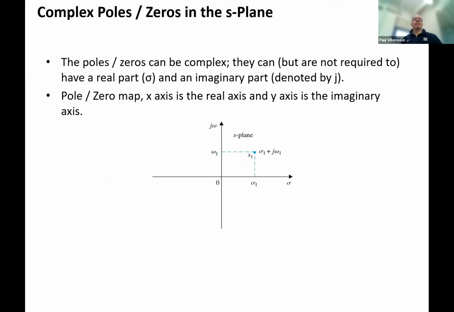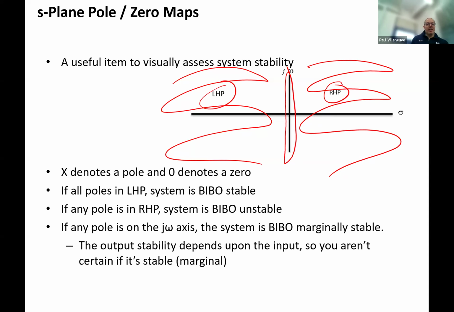So, what if we have one pole on the right and one pole on the left? You have one pole in the right-hand half plane. It's always unstable. Any pole, that's why there was a caveat. Any pole in the right-hand half plane makes it an unstable system. Remember what makes a system stable or not: if it's a marginally stable system, the output could be stable, I just need to know what the input is.